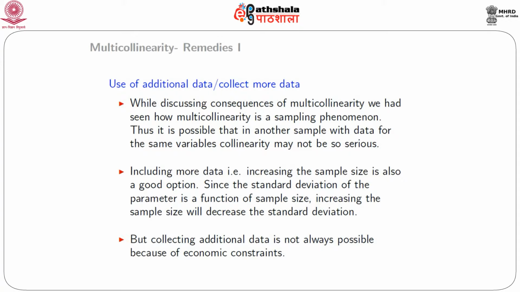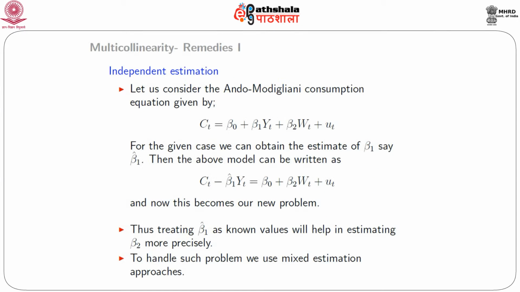But collecting additional data is not always possible because there are time constraints and cost constraints in case of studies. A third method that we can use to remove multicollinearity is the independent estimation of one or more of the parameters corresponding to the collinear predictors.